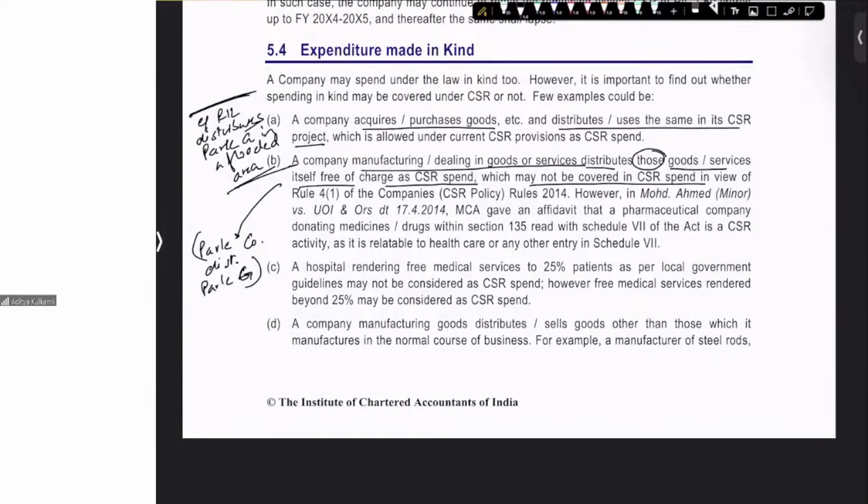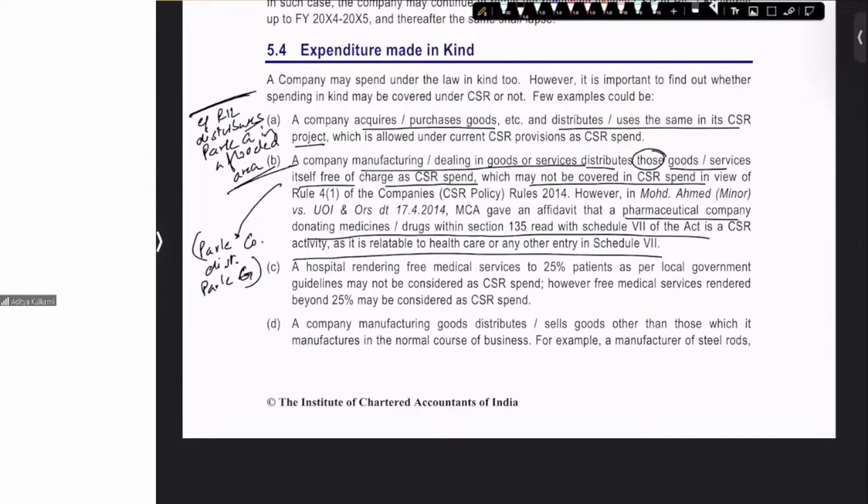However, there is one exception, that is a pharmaceutical company donating medicines or drugs can be regarded as a CSR activity. So in a flooded area, suppose you have a pharmaceutical company distributing paracetamol, Dolo, whatever those names are, cough syrups, and certain other regular tablets and syrups.